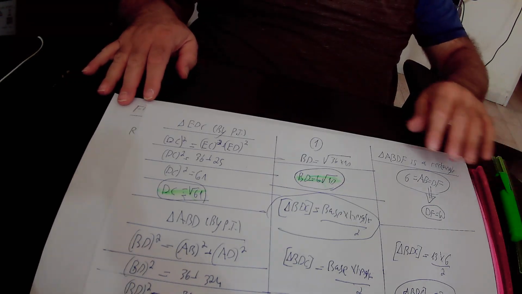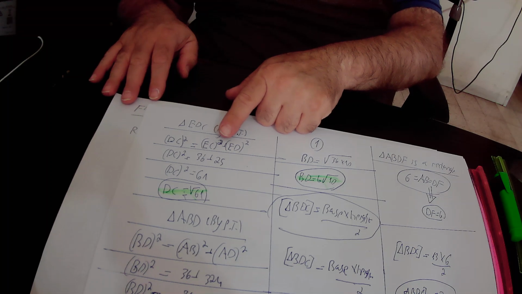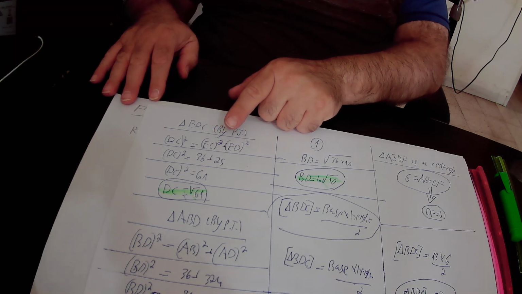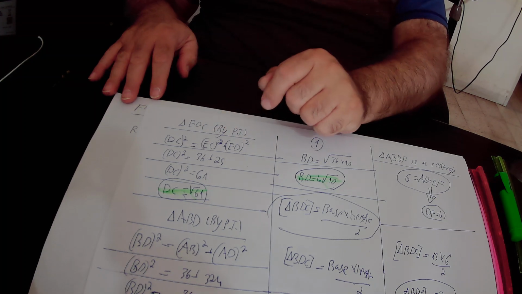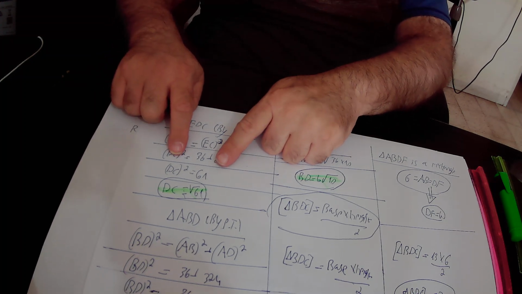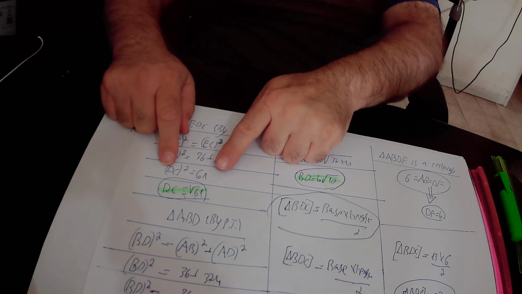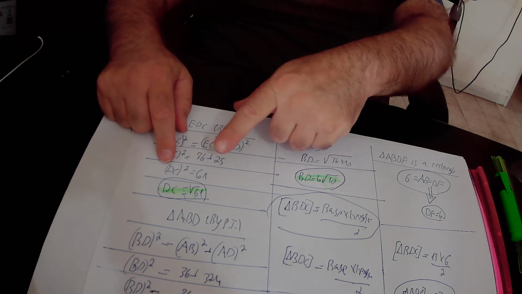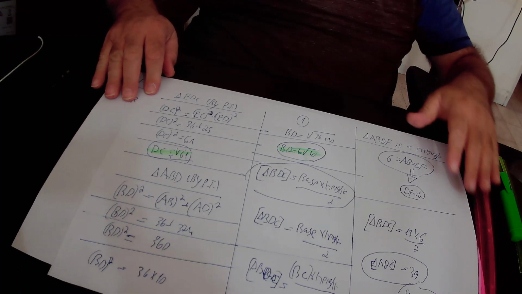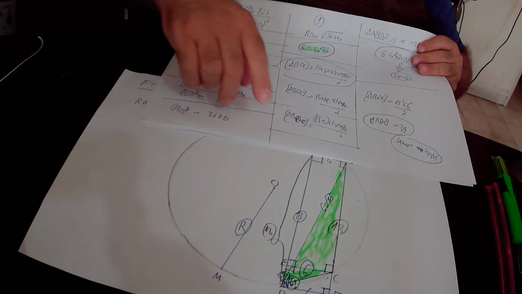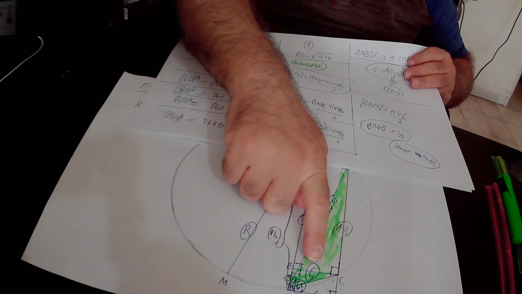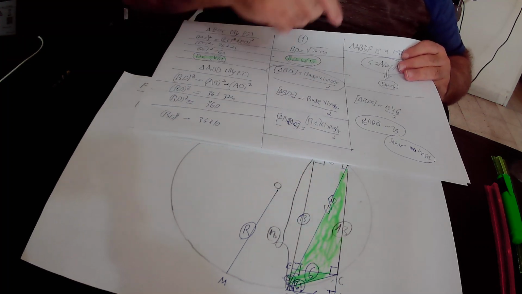In conclusion, DC square equals 36 plus 25. 36 plus 25 is 61, so DC square equals 61. We took the root of this equation and found that DC equals the square root of 61 units. The hypotenuse DC equals the square root of 61 units.